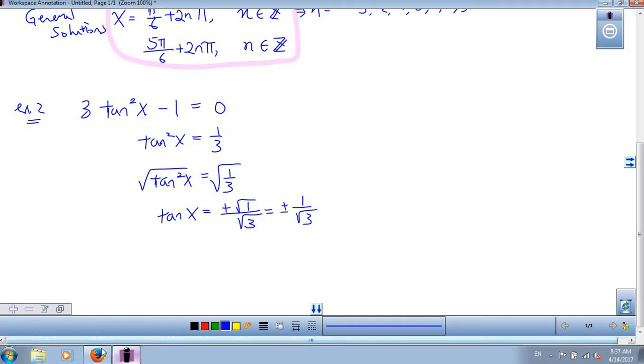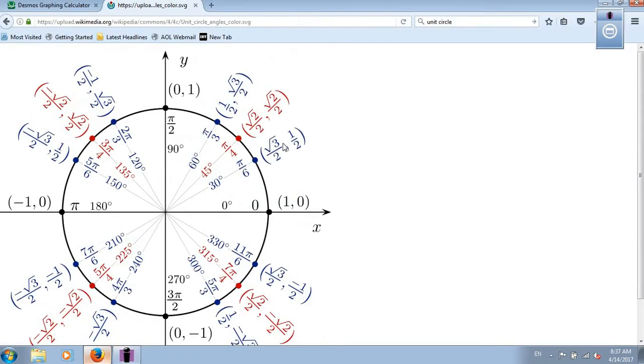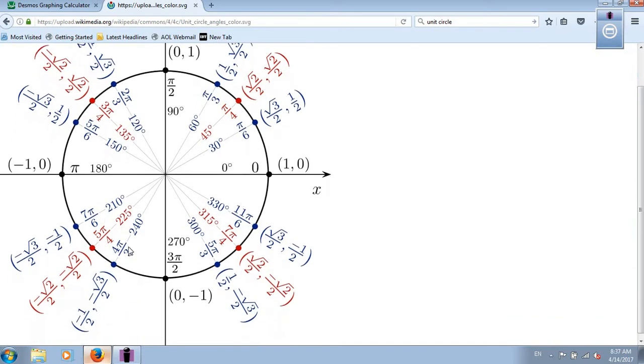So that means, if we go back to our unit circle here, it has to do with pi over 6. So it's 1 over square root 3, okay? Go ahead and keep looking in the next quadrant here. 5 pi over 6, because 1 over negative square root 3. And then keep going in the third quadrant. In the third quadrant, it will be down here, 7 pi over 6, because sine here is negative 1/2, cosine is negative square root 3 over 2.